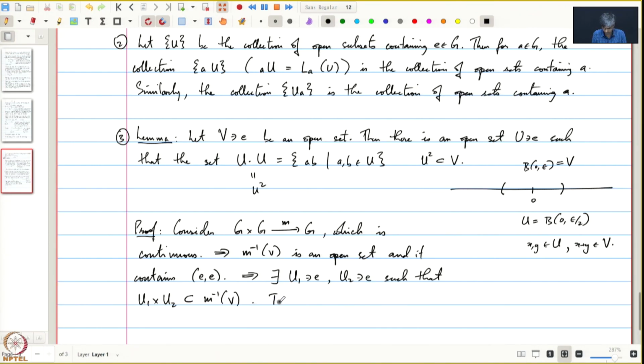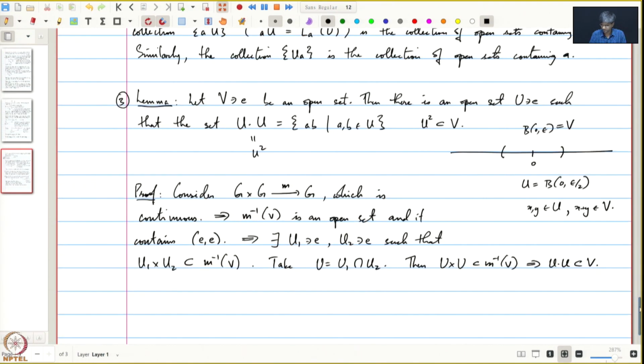So we just take U to be U1 intersection U2. So then U cross U is contained in M inverse V, which implies that U times U is contained in V. Okay.